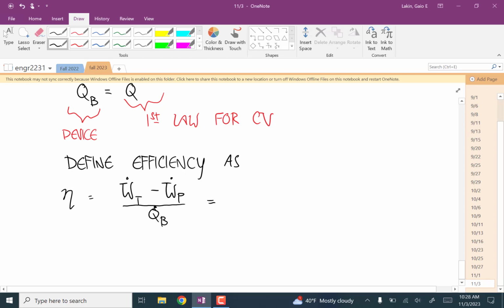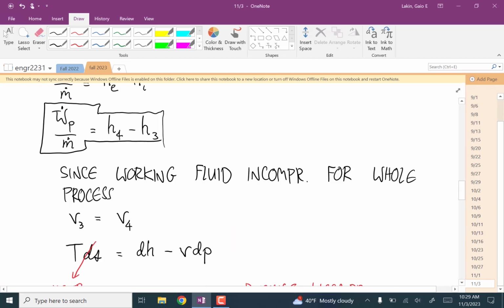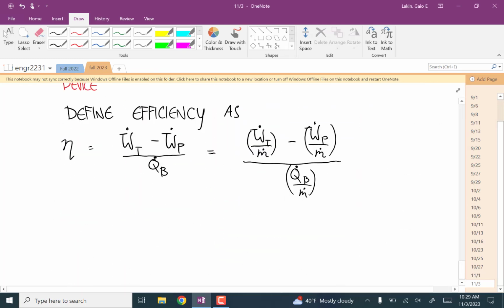And we can rewrite this as W dot at the turbine divided by M dot, minus W dot at the pump divided by M dot, divided by Q dot at the boiler divided by M dot. Now all these boxed things we can just put in place.